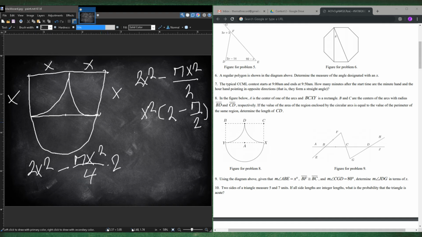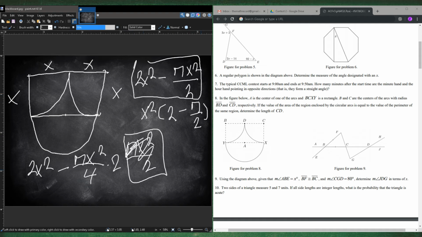Now we just need to find the area of the bottom semicircle, which is pi radius squared, so substitute the radius, which is x, in there. Since it's half a circle, you gotta divide by 2. And you just gotta add that in. So, you have this number added to this number. So this part cancels out with this part.